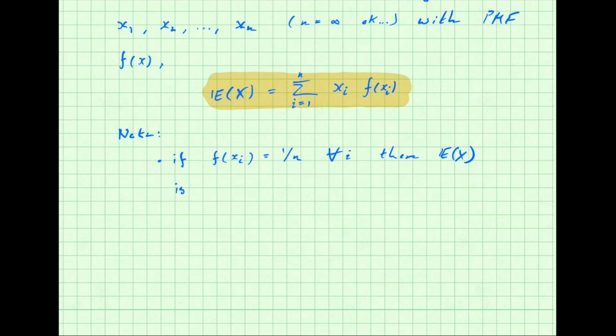It's just the average, or the mean, of the xi's. And if the probability mass function is not just a constant 1 over n, then what you have is like a weighted average, where the probability mass function gives different weights to the different values that can be taken.